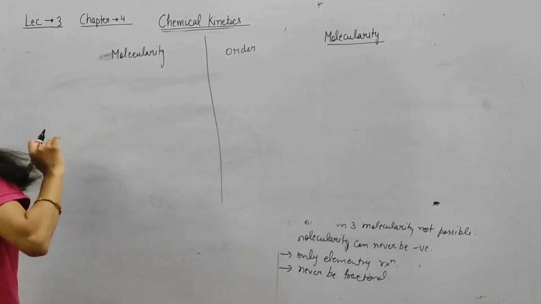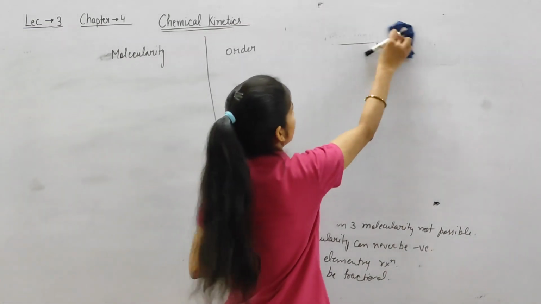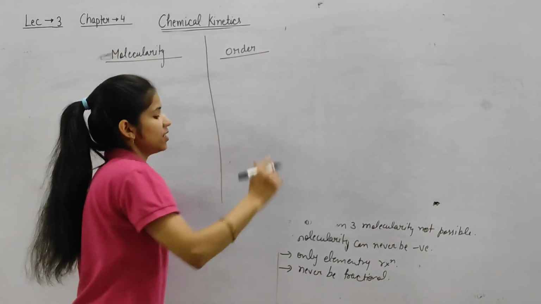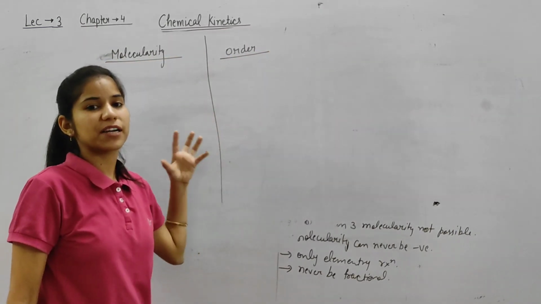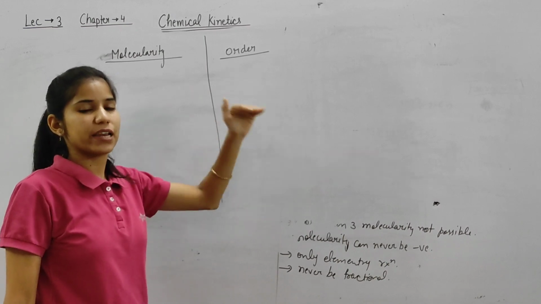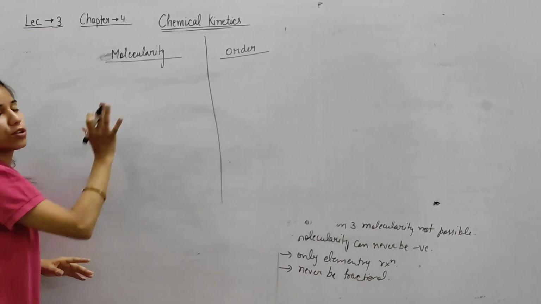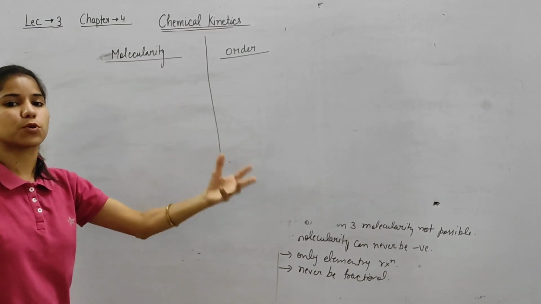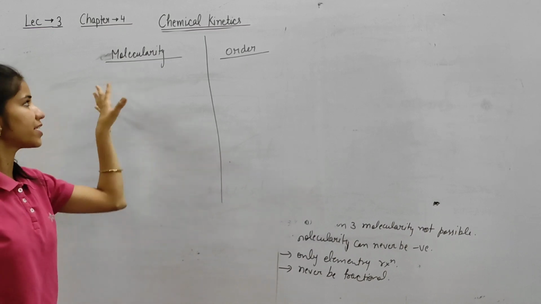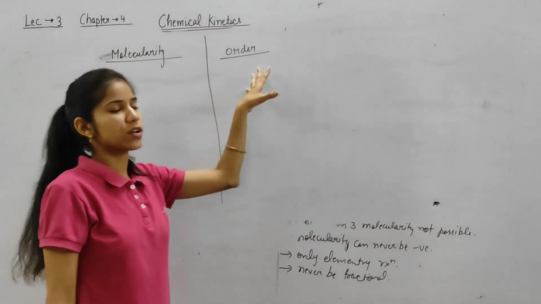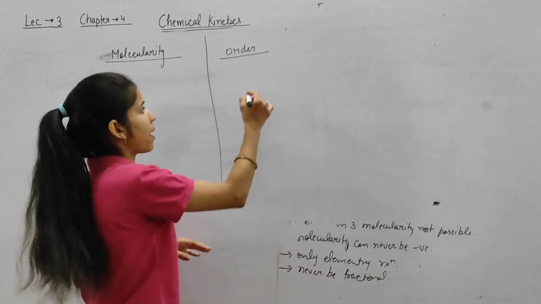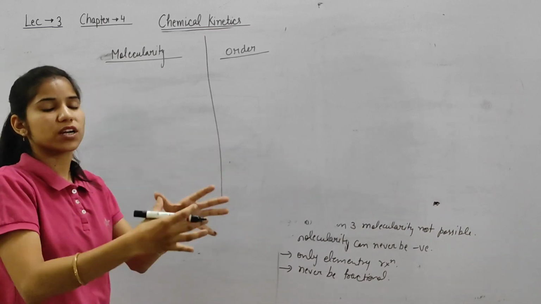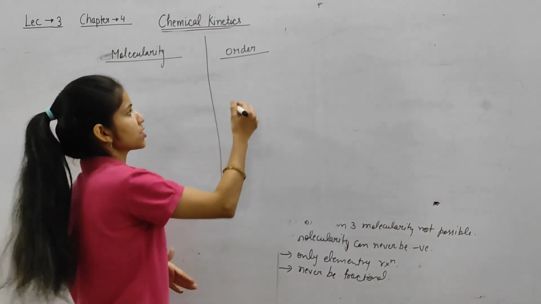So we are talking about molecularity and order. Molecularity is basically the reactants that are taking part in a chemical reaction, in an elementary reaction. The reactants that decompose into product in a single step reaction, that is molecularity. And order is the sum of the power of the molar concentration in the rate law expression.